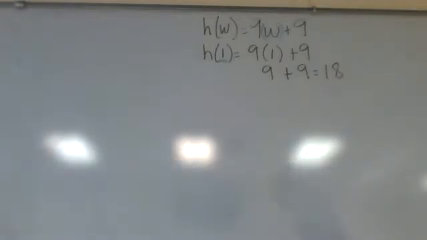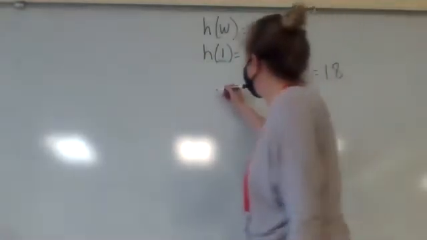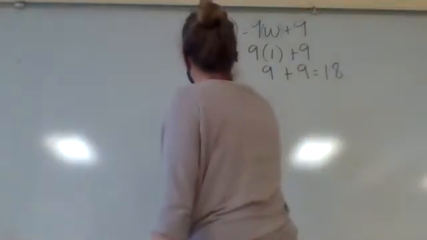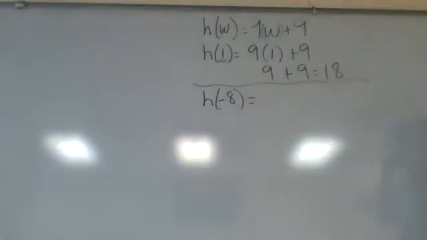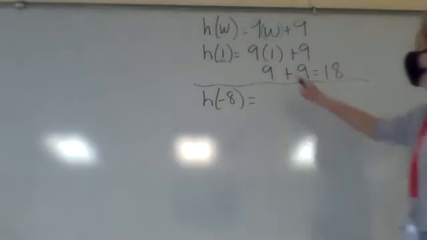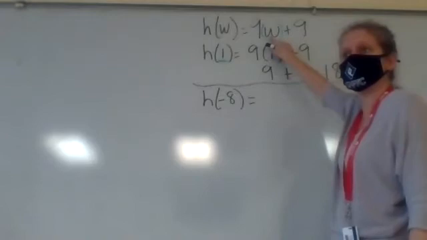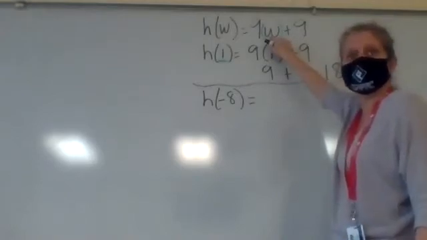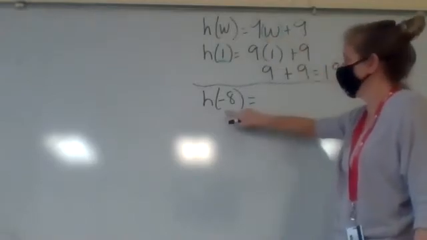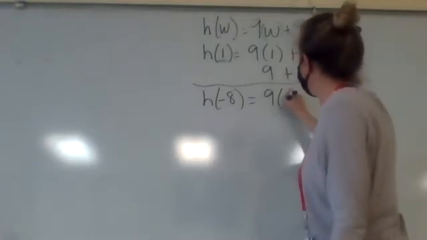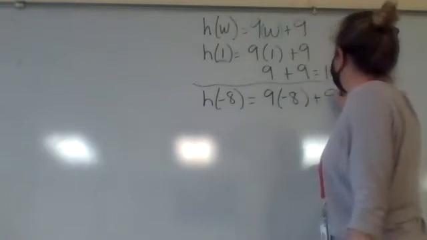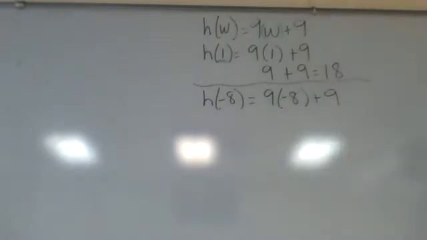The second part of number 6 says find h of -8. So same thing. Here's what I'm replacing. I'm going to replace it with whatever's in here. So I'm replacing it with -8. So I have 9 times -8 plus 9.